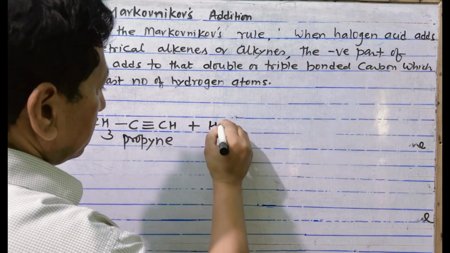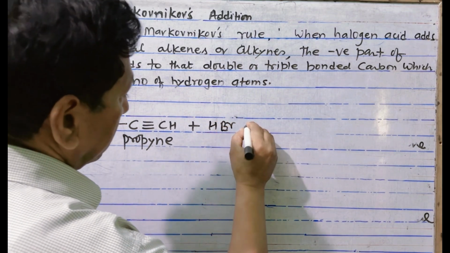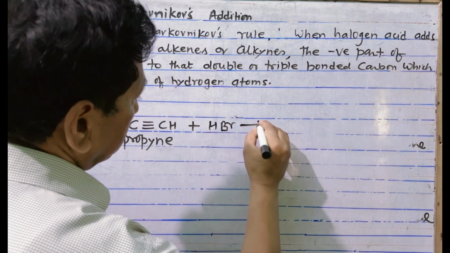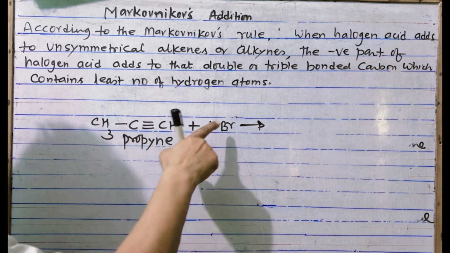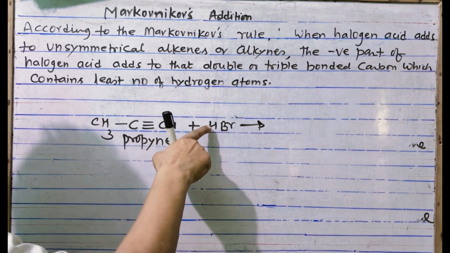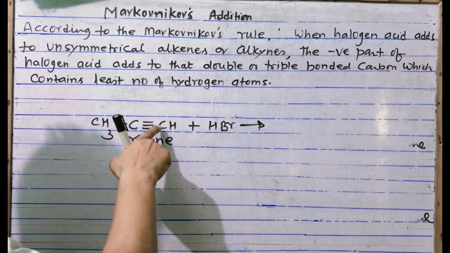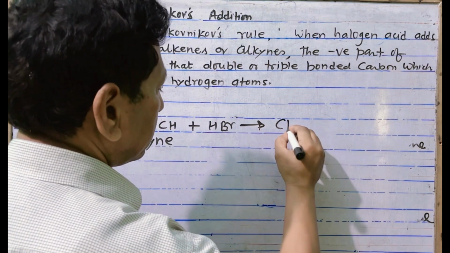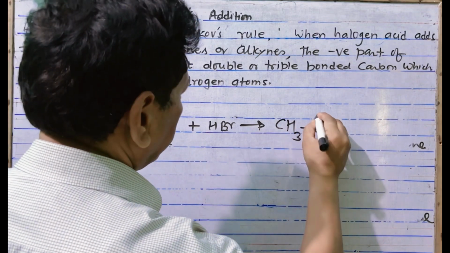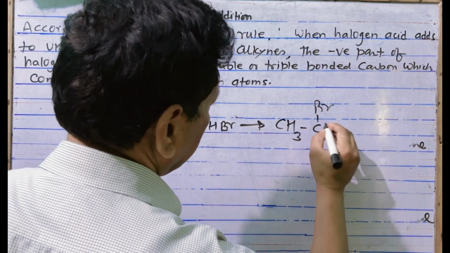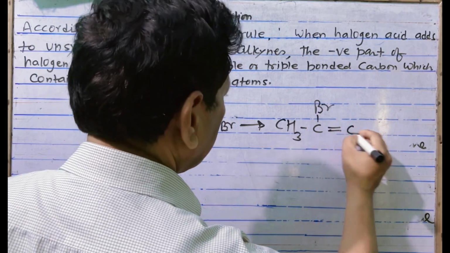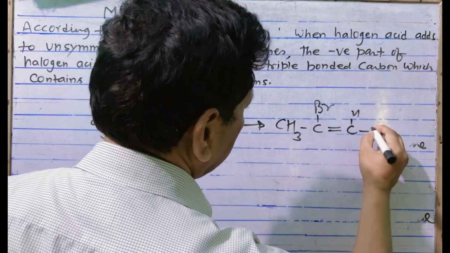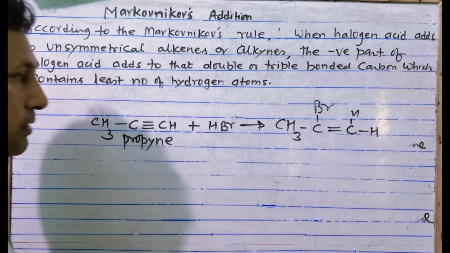So in the same way, if we add the halogen acid to this, the negative part Br will go to this carbon, and H plus will go to this carbon. You will get the product like this, with bromine, and the triple bond is broken and you will get the double bond.